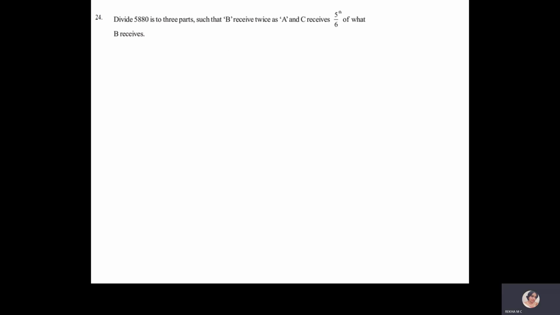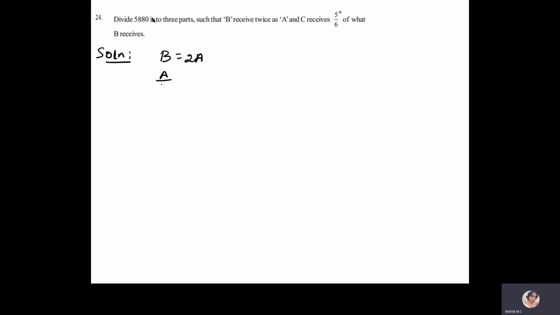Next question, 24th one. Divide 5880 into 3 parts such that B receives twice as much as A and C receives 5 by 6th of what B receives. Here B is equal to twice of A. I'll consider 2A.